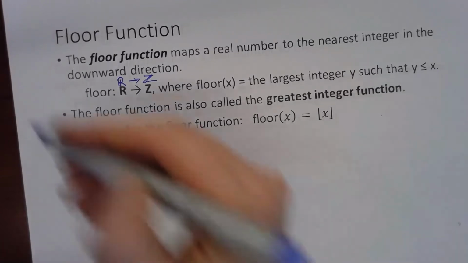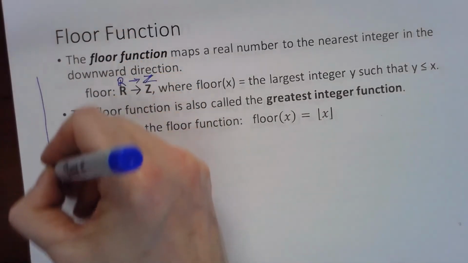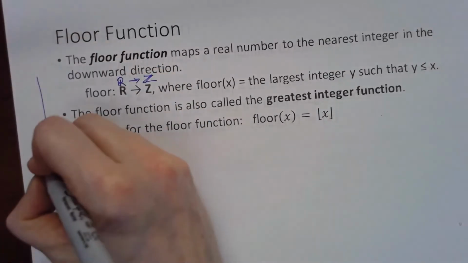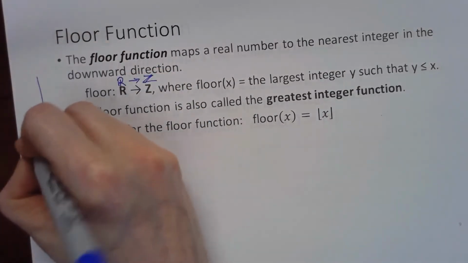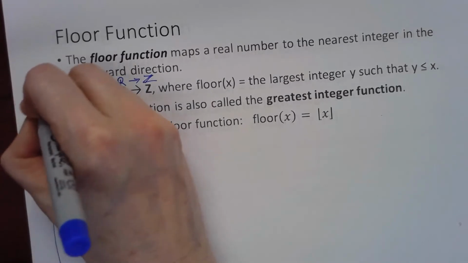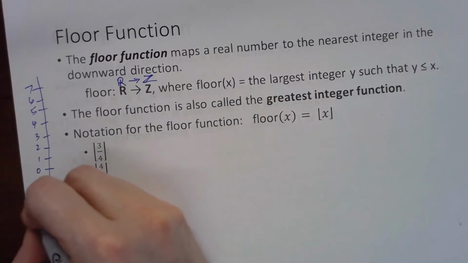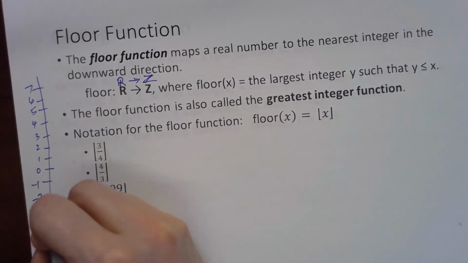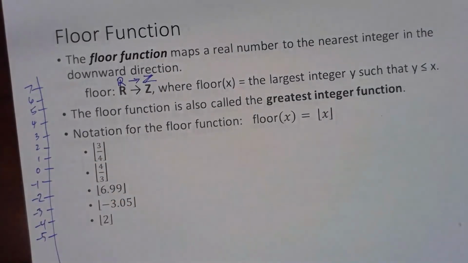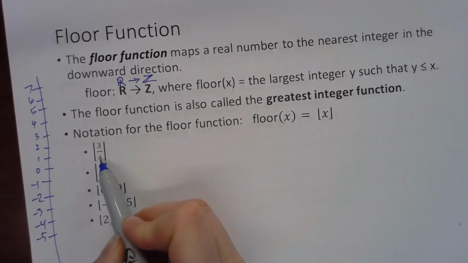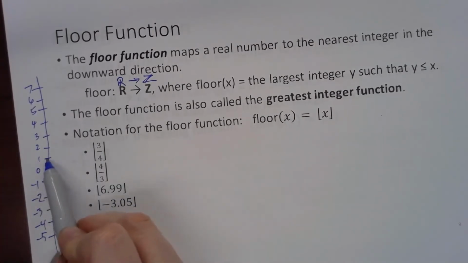So I like to draw myself a little number line here. Let's say here's 0, here's 1, 2, 3, 4, 5, 6, 7. If I go to 3/4 on my number line, well, 3/4 is right here between 0 and 1.